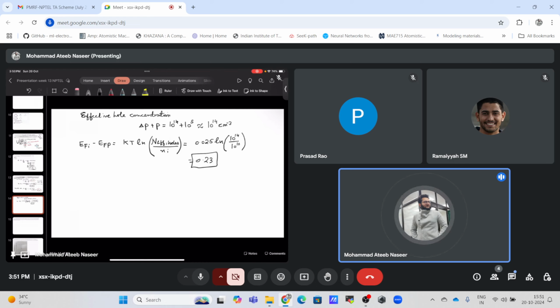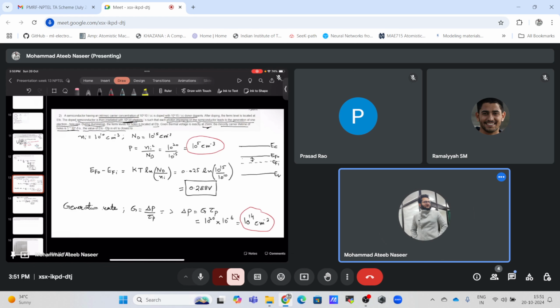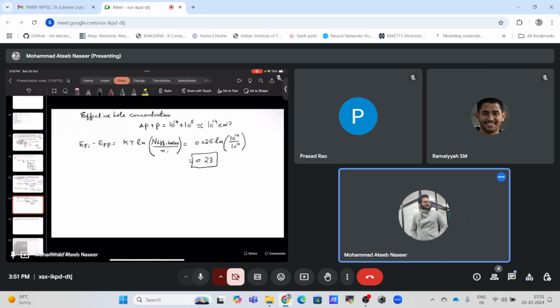Now this is EFI minus EFP, and this is EF0 minus EFI, but we need to find EF0 minus EFP. So what we can do is add 1 and 2.